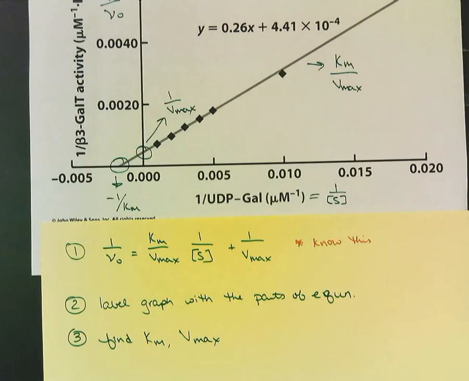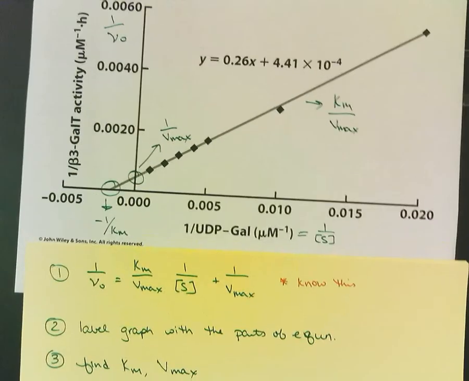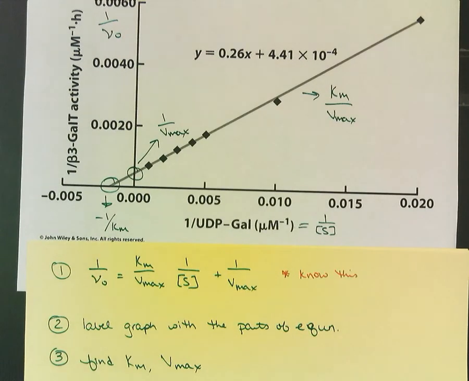And the third part will be just like in your homework. Find Vmax, find Km, using the equation of the line. So I want you to calculate Vmax and Km given an equation of the line. Fair enough.